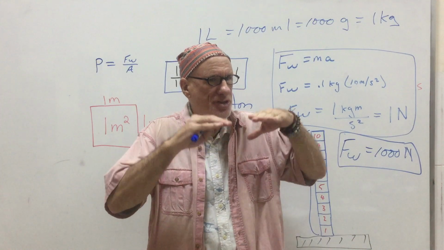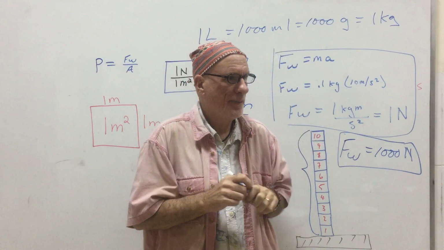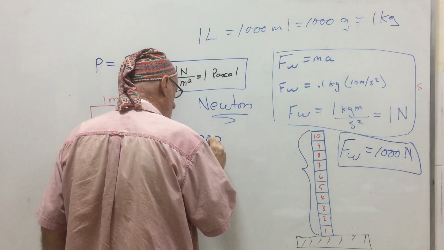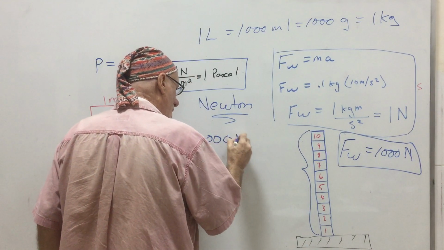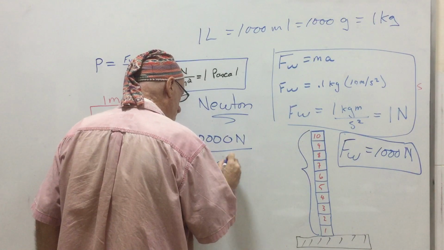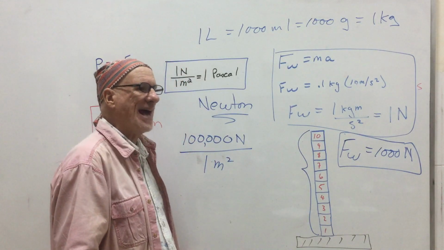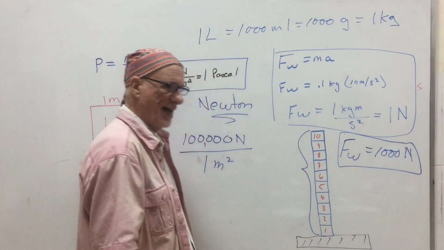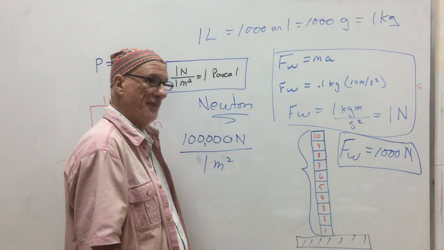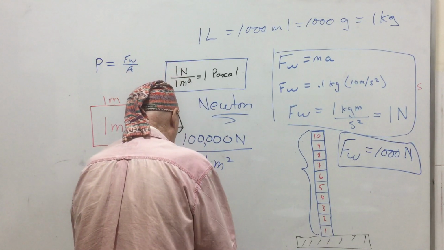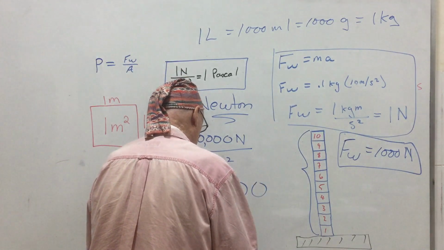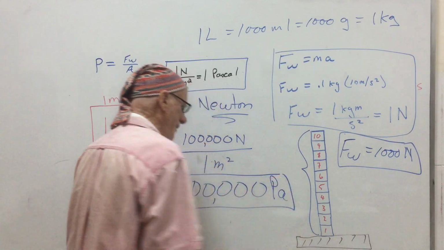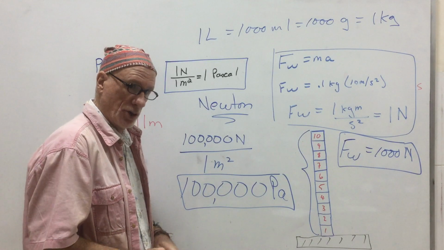How many newtons is 10 boxes going to be? 100,000 newtons. Over 1 meter squared, right? How many pascals is that? 100,000 pascals. Right? You're with me?